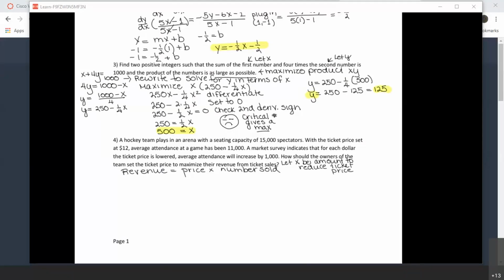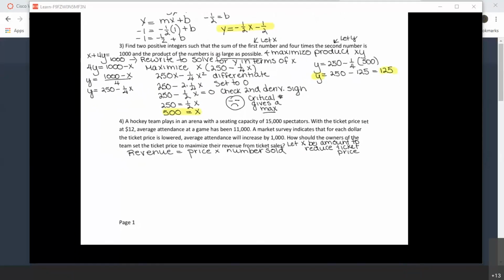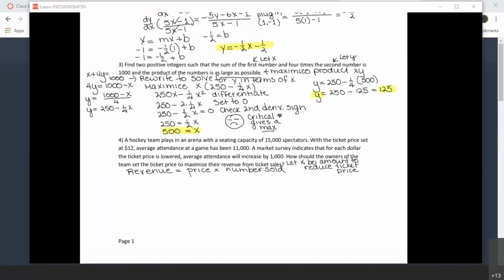So then let's come up with an expression for revenue, because that's the thing I'm going to have to differentiate to find a maximum, right? My price is going to be my average price, which is $12, minus however much I need to lower it by. The number I sell is going to be my average attendance.